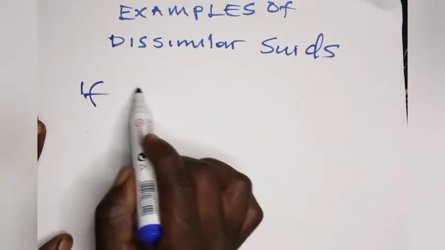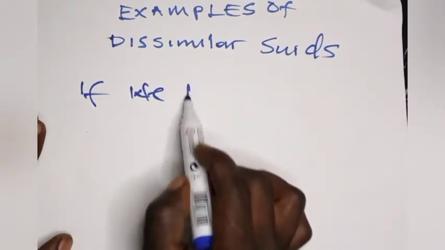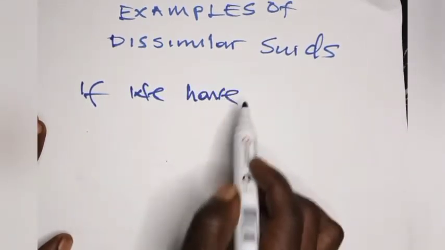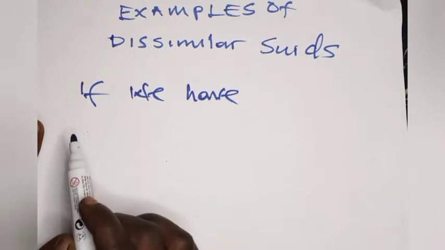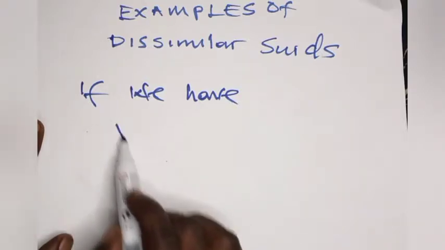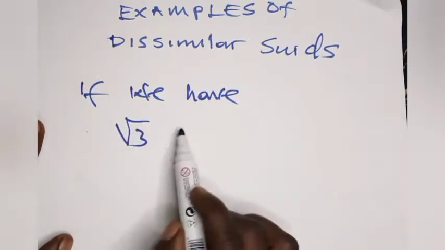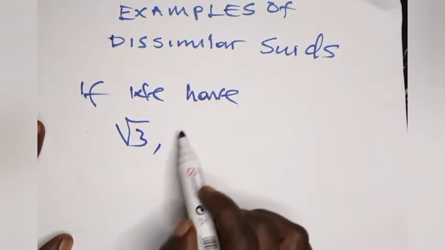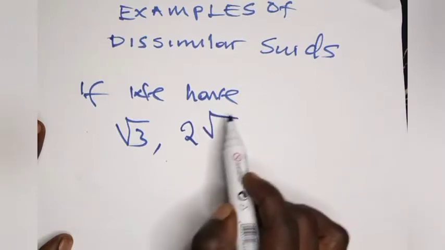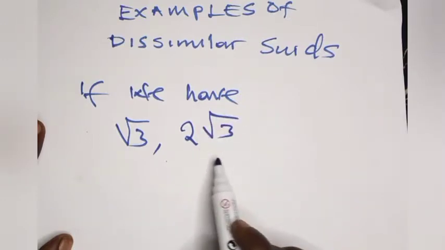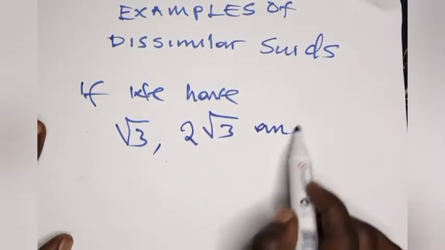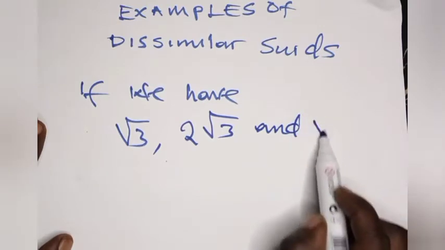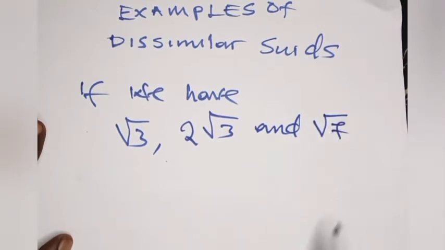If we have square root of 3, 2 root 3, and root 7, these are dissimilar surds.